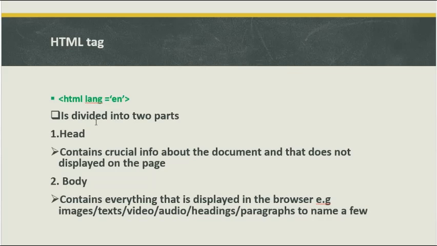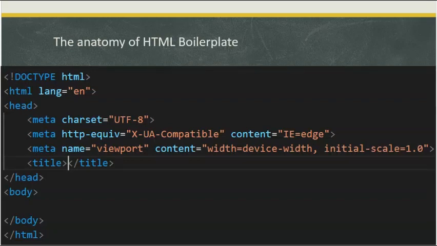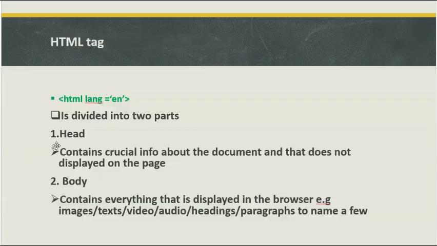So when it comes to html, the tag is divided into two parts, the head and the body. These are found within the html tag. Within the head, this is the place where we have the crucial information about the document itself.